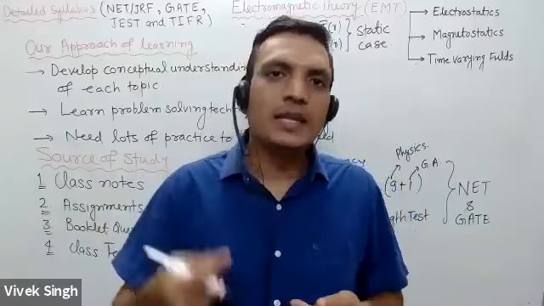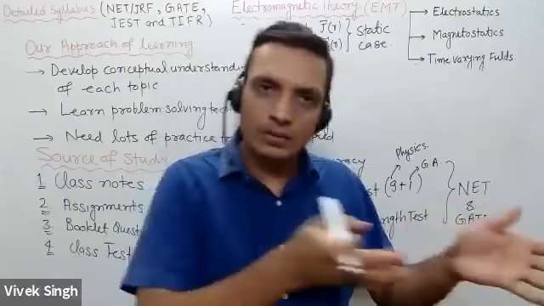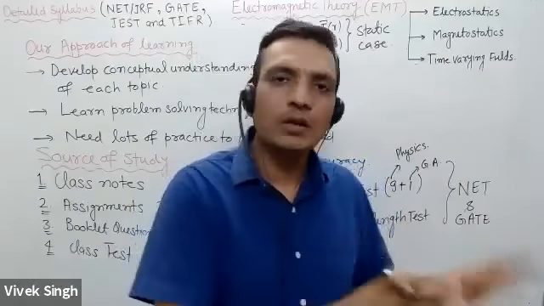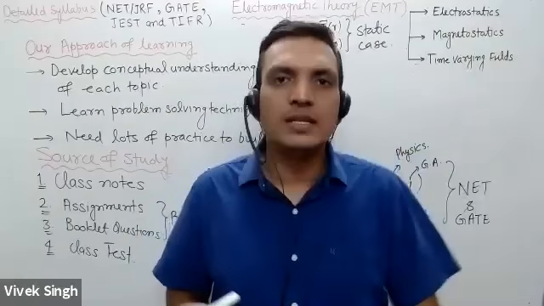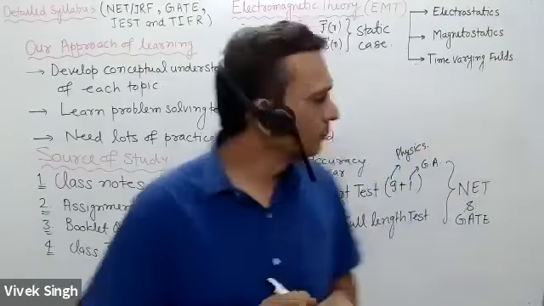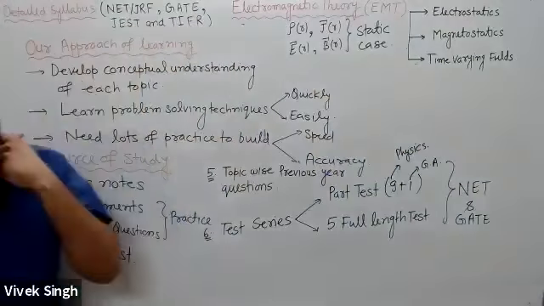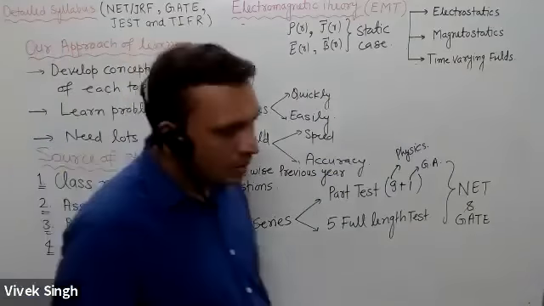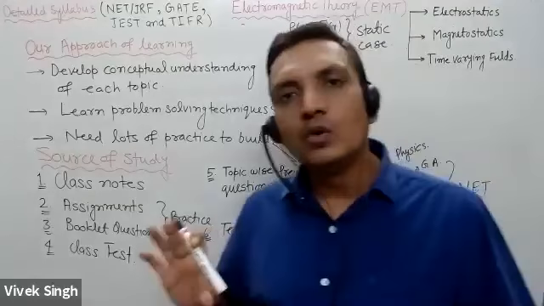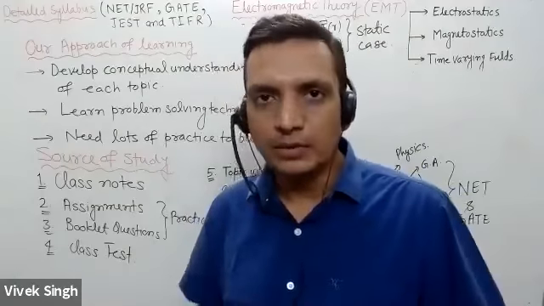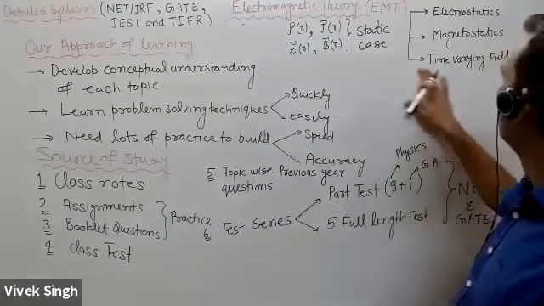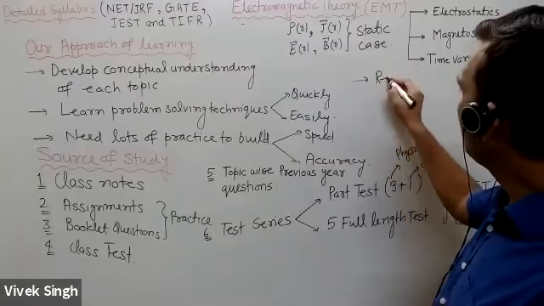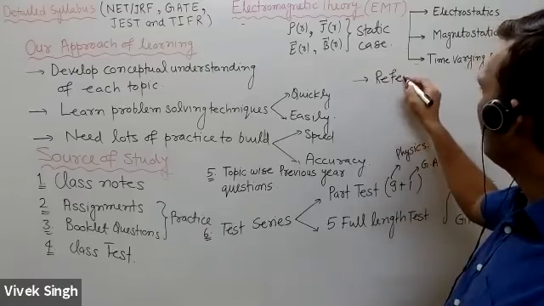So that you can easily check when you have studied Coulomb's law, you can solve questions on Coulomb's law. Gauss law, you can solve on Gauss law. So we have arranged this topic wise. Sir, where will we get previous year questions? Google Classroom, we will provide you on Google Classroom. Now, what is the reference book that you will follow?